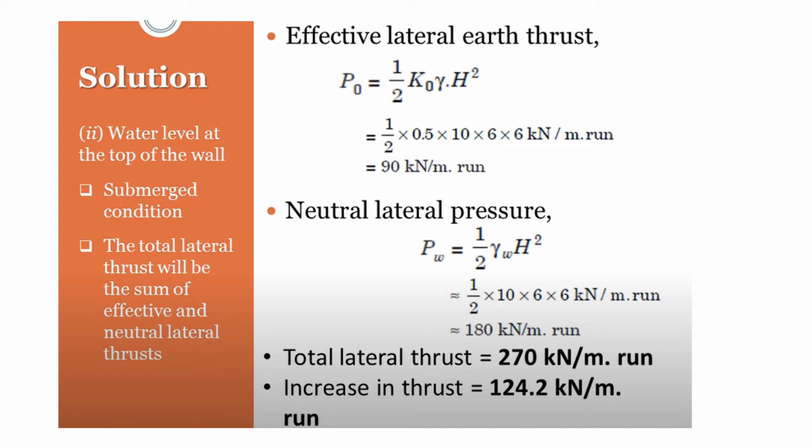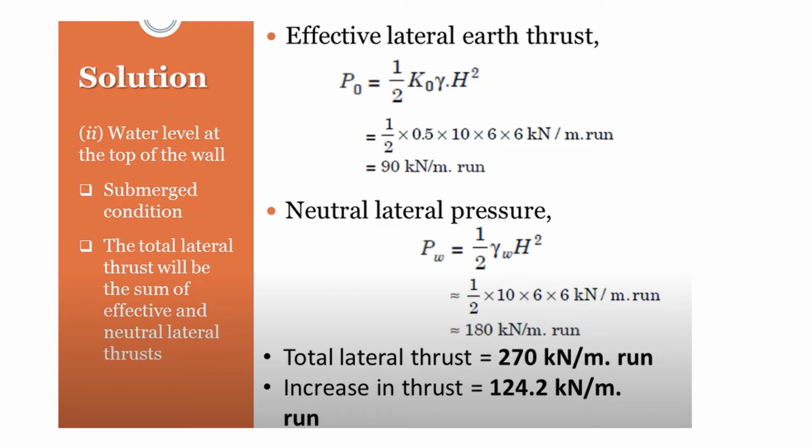So substituting all these values, the force due to the water table will be 180 kilonewton per meter run, and the sum of these two will be the total lateral thrust, which will be 180 plus 90, which is 270 kilonewton per meter run.